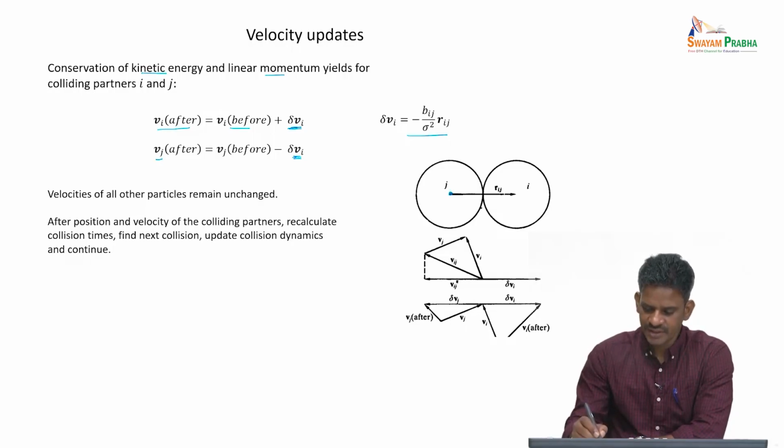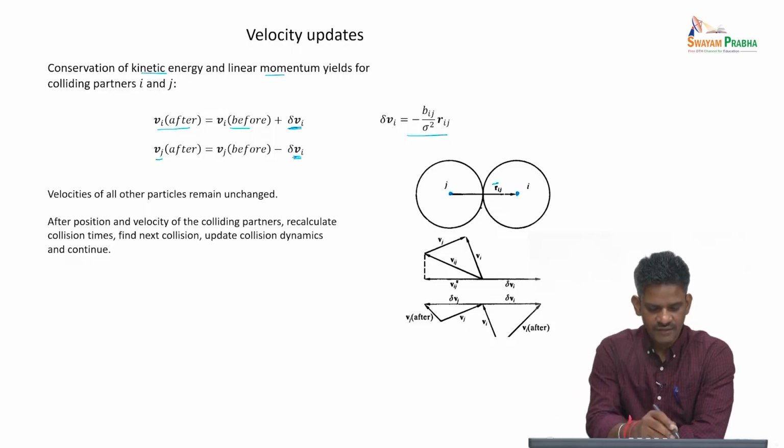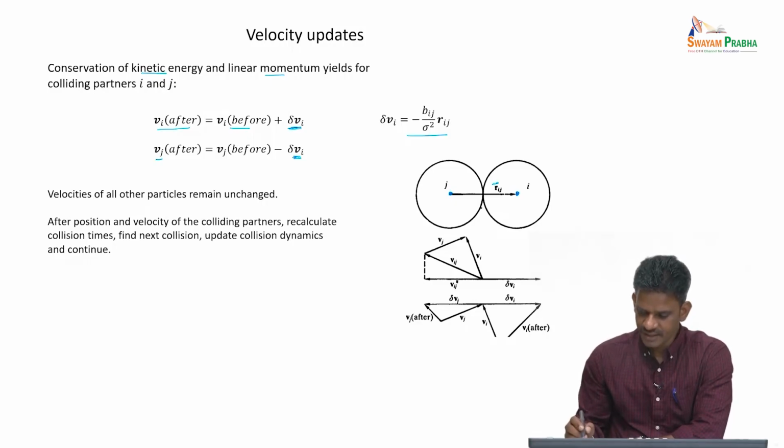You can think of this as particle j, this as particle i, and the Rij vector is in this direction. Initially particle i is moving in this direction, this is Vi, and particle j is moving in this direction, and Vij is basically Vi minus Vj, given as this value.